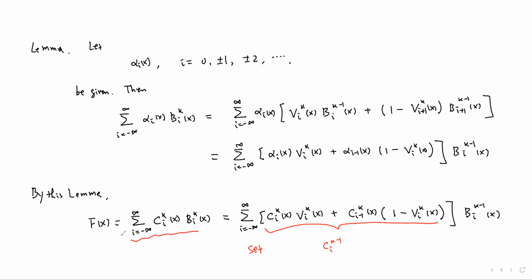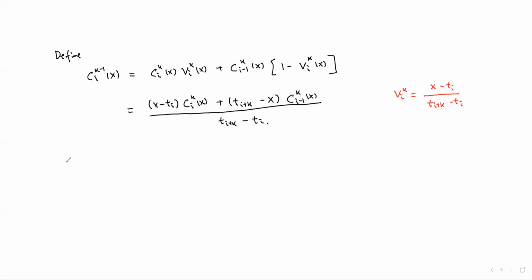Therefore, capital F is the summation of c_{i,k-1}(x) times B_{i,k-1}(x). So capital F is equal to the summation, i from negative infinity to infinity, of c_{i,k-1}(x) B_{i,k-1}(x).